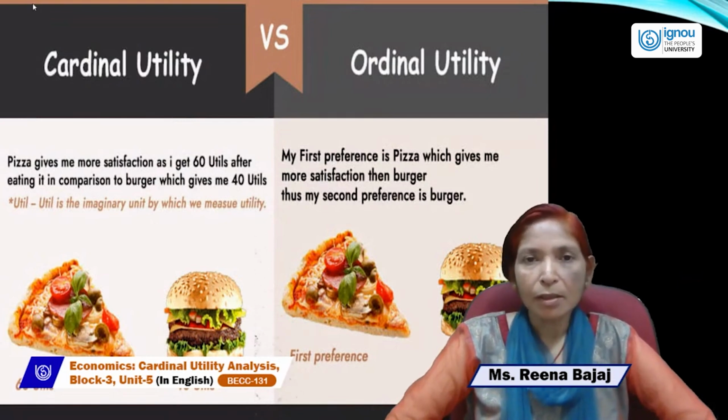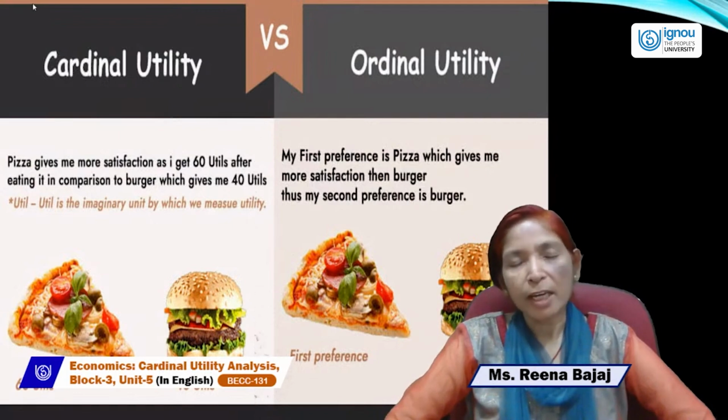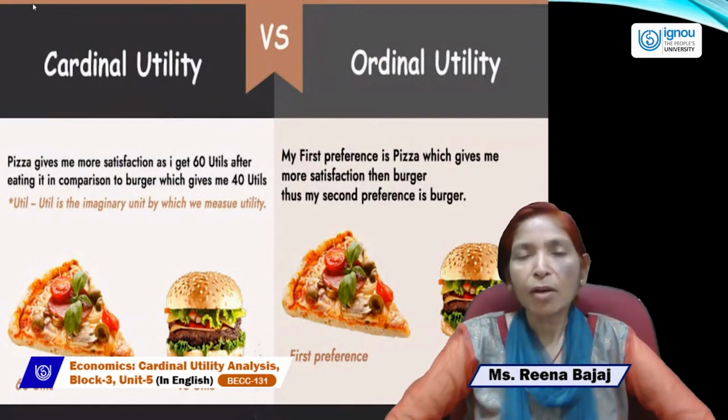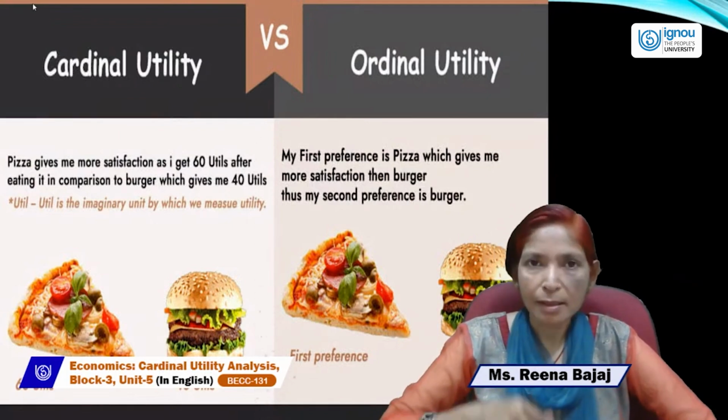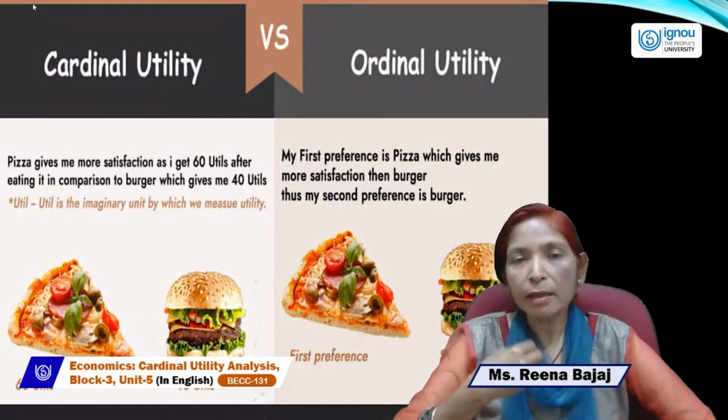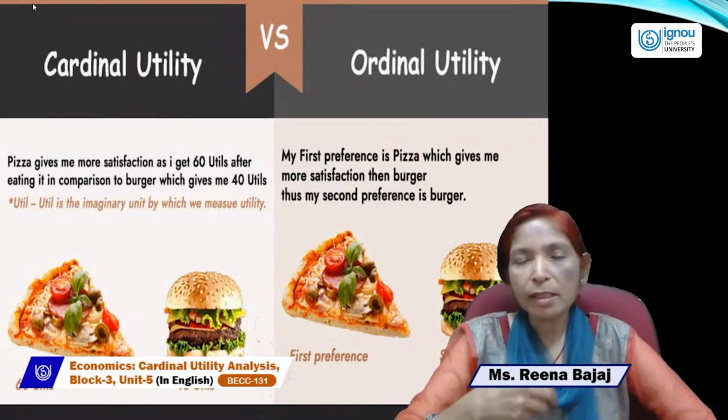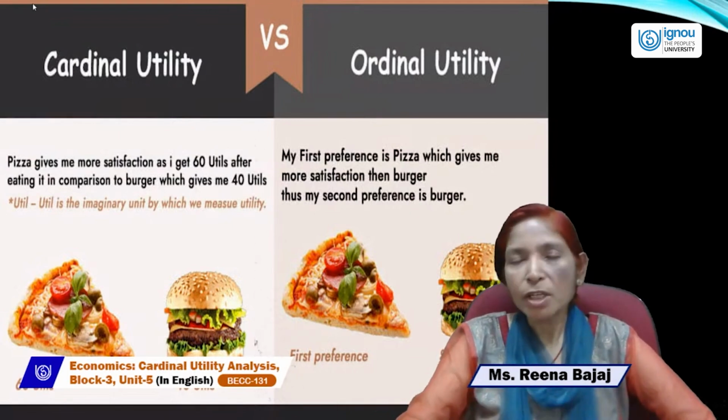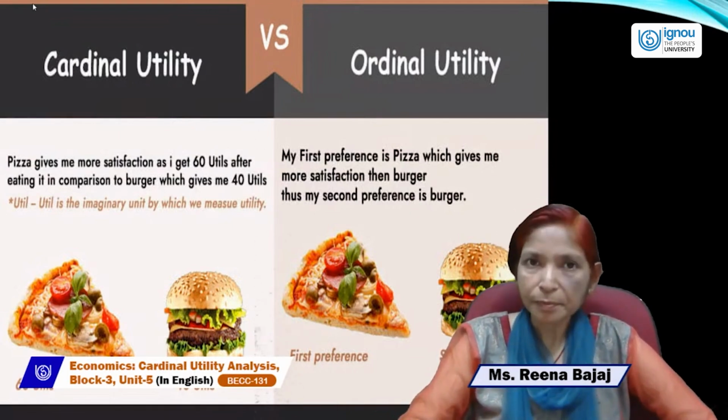Ordinal means we can't measure utility in terms of money. We can give only ranks according to our preferences. It means utility is an internal feeling you can't express in words or in accurate numbers. You can't measure it in terms of money.